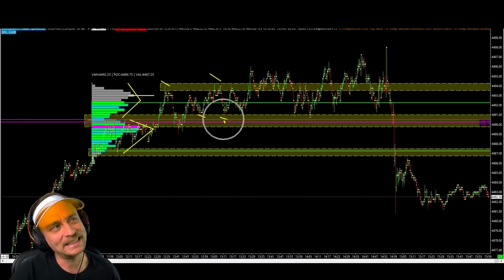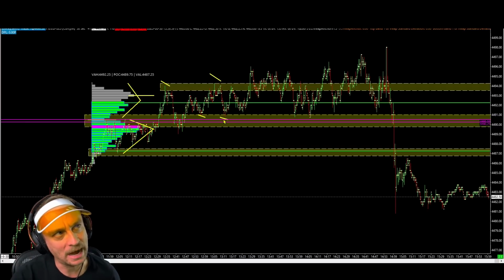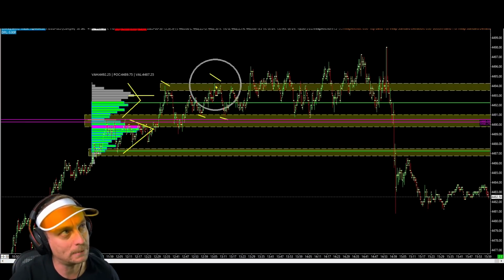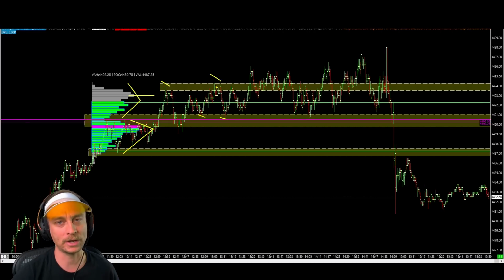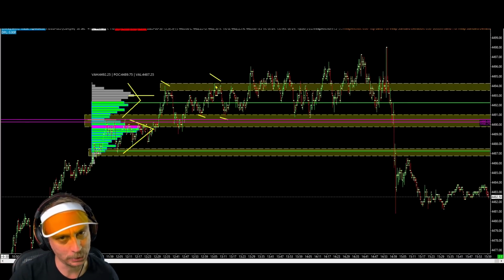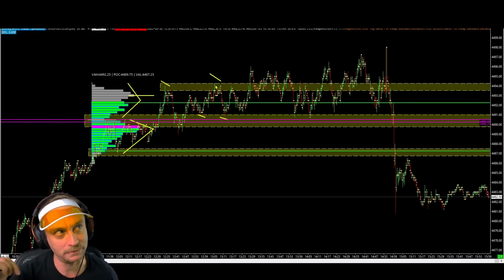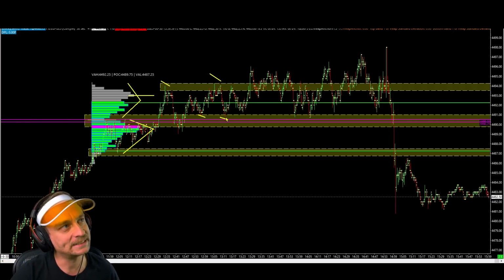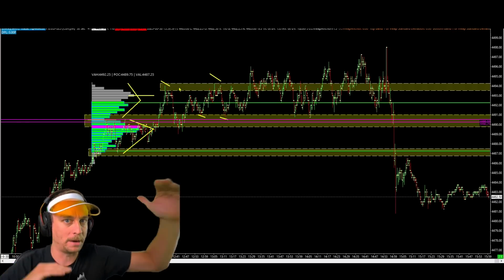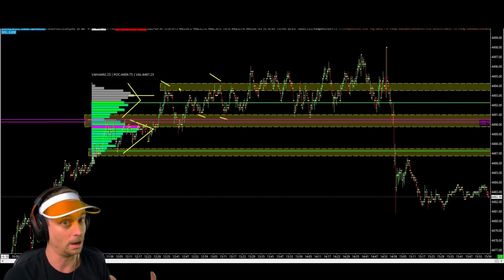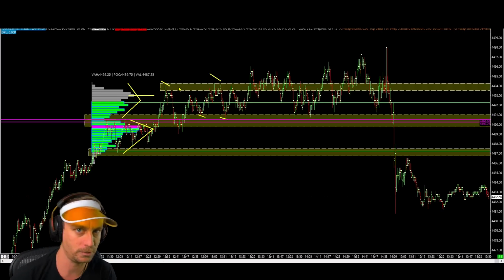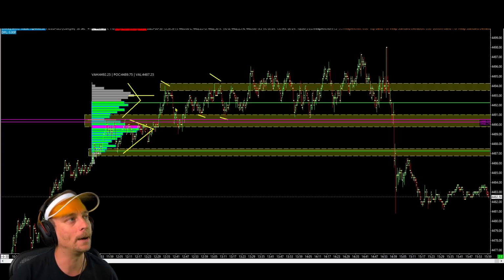Since the last thing that happened was a bottom tick, I think there's a good chance it's going to attempt to retest this high. If the last thing that happened was a top tick, there's a good chance it could test even lower. But since the last thing that had happened between bottom ticks and top ticks was a bottom tick between the two, then there's a good chance it could go up.